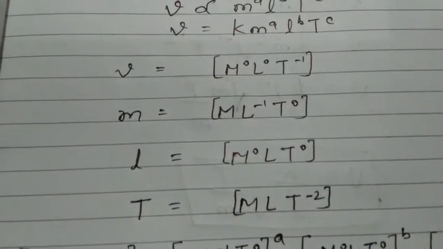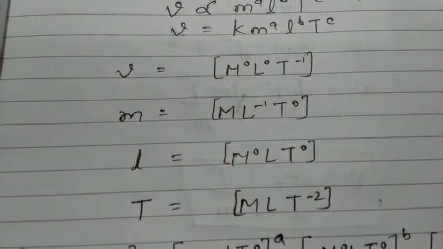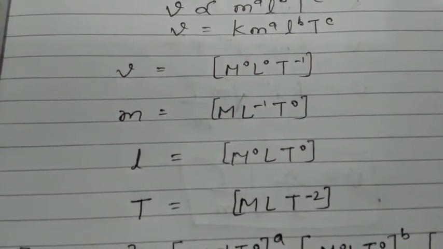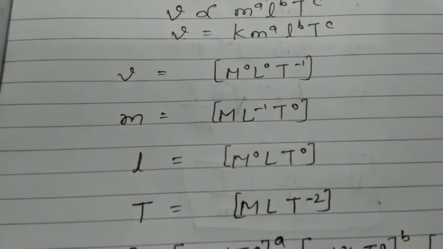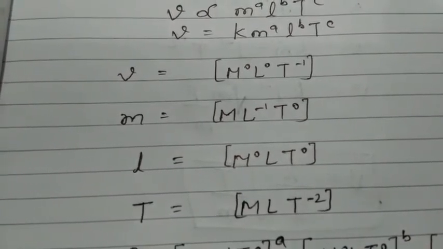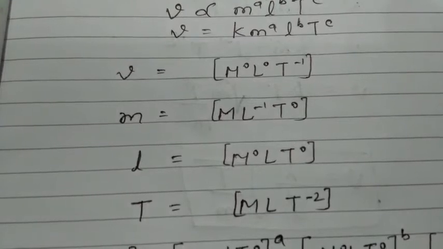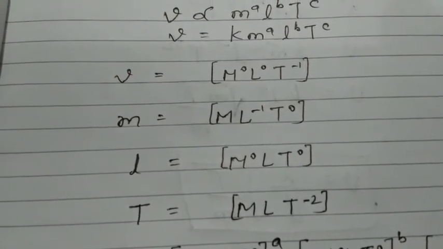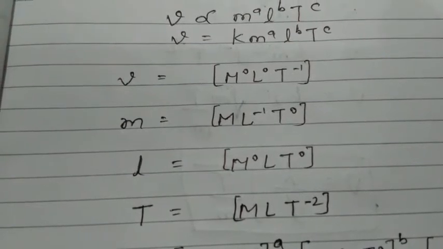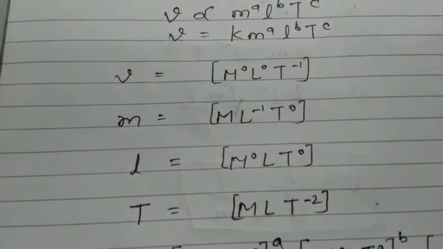L denotes length here, so simply its formula will be M0 L T0, and T here is the tension. Its dimensional formula we will represent by M L T to the power minus 2. Here tension is equal to force, so the formula of force will work here.